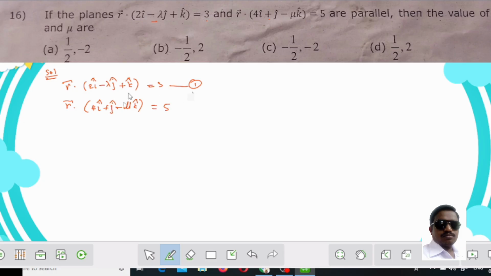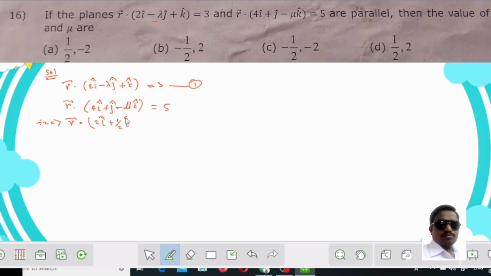Look at these two equations. These two vectors should be equal or parallel. Now you compare the coefficients of i, j, k. Here 2, here 4. To change this to 2, you have to divide this equation by 2. So you divide by 2 now. R vector dot, if you divide by 2, 4 by 2 will become 2i. I by 2 means what?